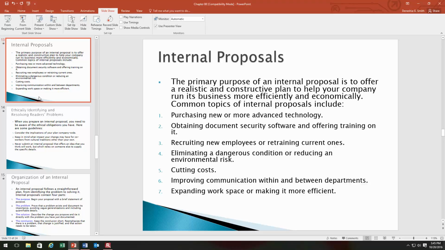It's internal, it's between coworkers. But the external proposals a lot of times are those that go beyond the workplace, right? You're not communicating coworker to coworker, you're communicating maybe coworker or employee to client, right? Or something that's beyond the scope of your workplace, okay?